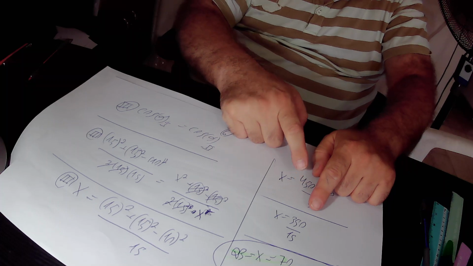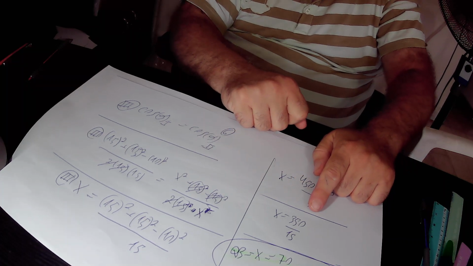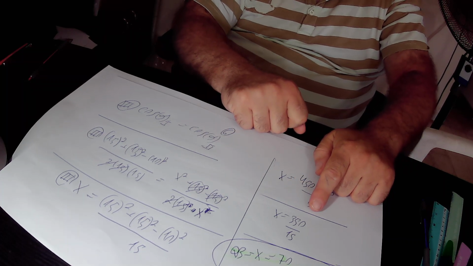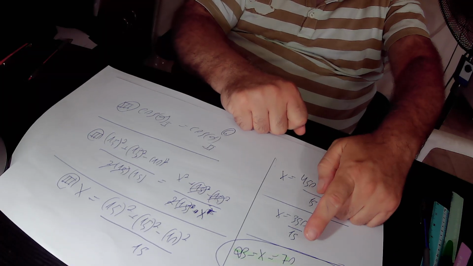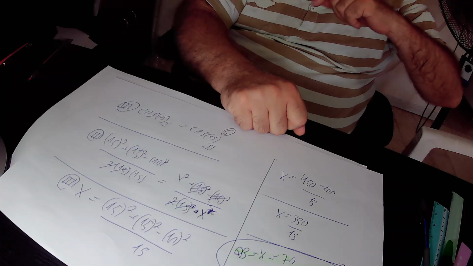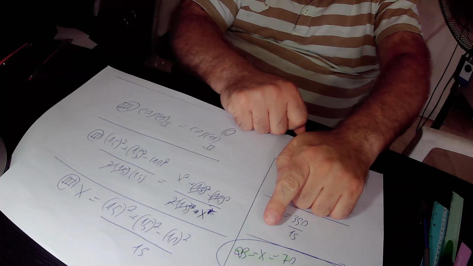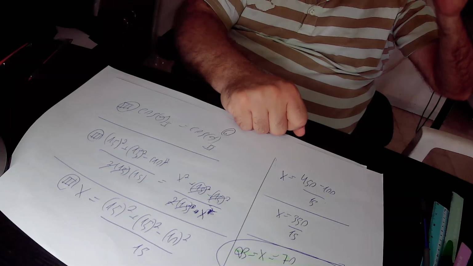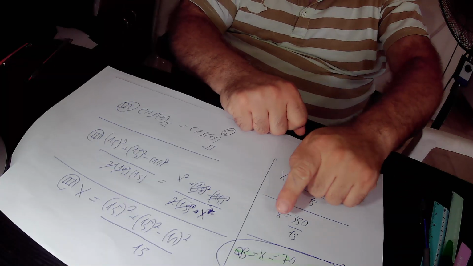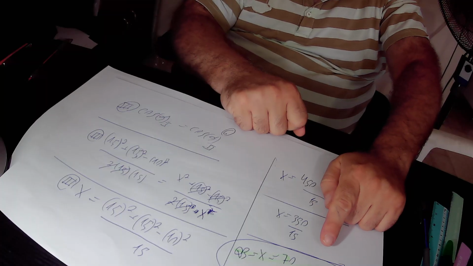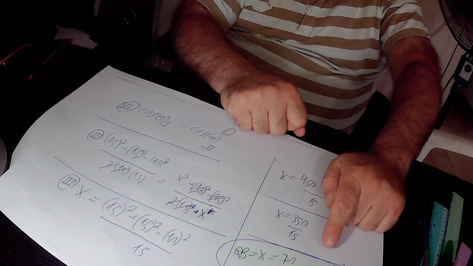Here we divided both the numerator and the denominator by 5, and 350 over 5 is 70, and 15 over 5 is 3. So the length of line segment QB, that is equal to x, is 70 over 3 units in length, or in terms of numbers, it is equal to 23 and 1/3 units in length.